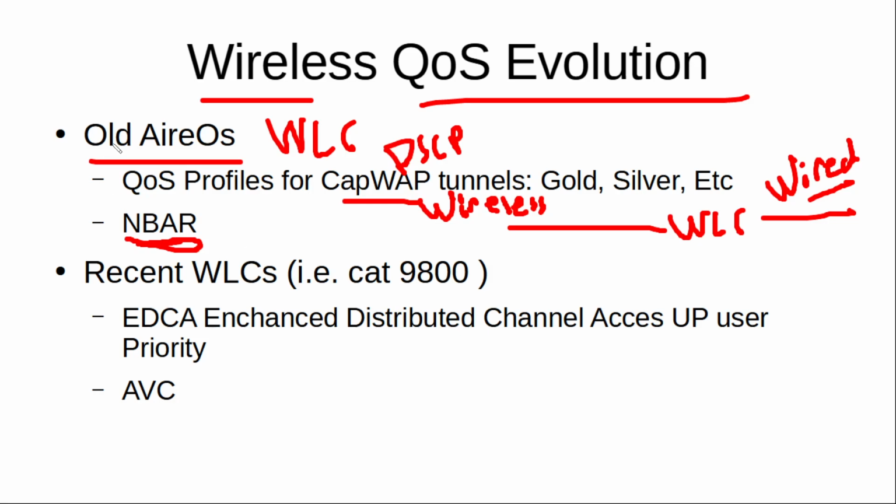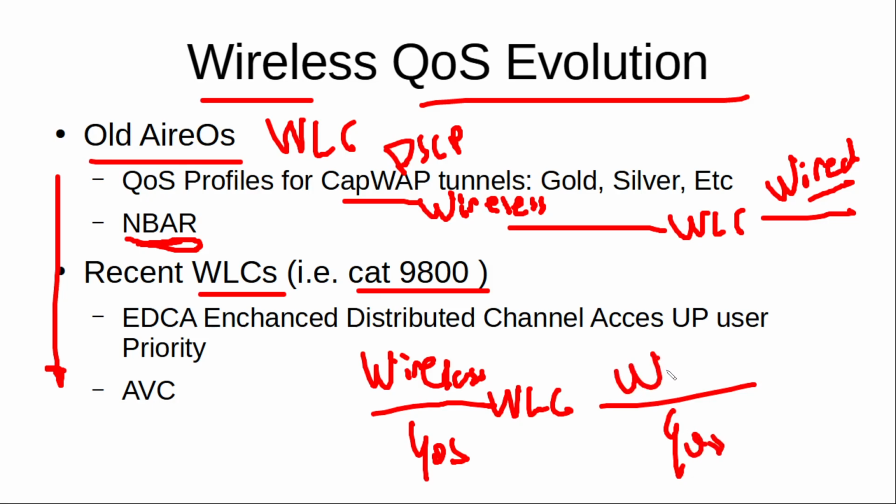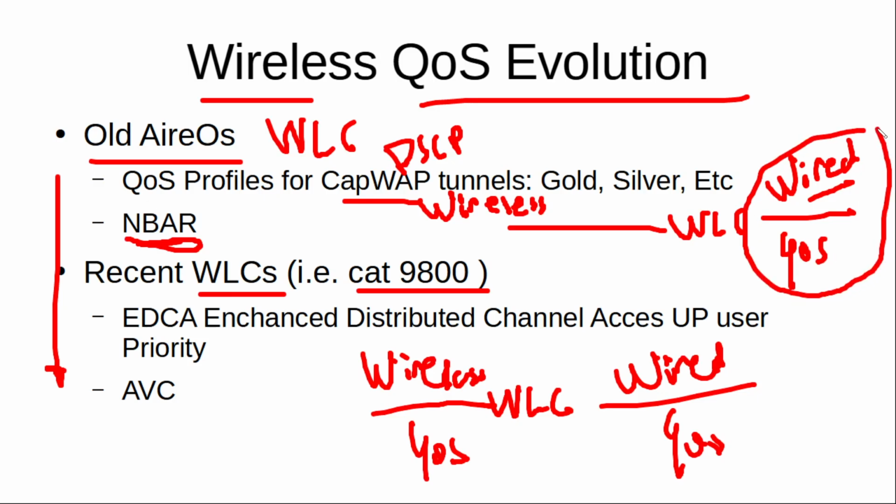So it is a good thing having NBAR. Then we evolved into the newer, more recent versions of wireless LAN controllers, which are the Catalyst 9800. With these, we can have quality of service in the wireless world as well as in the wired world. With older wireless LAN controllers, we could only guarantee quality of service in the wired world.